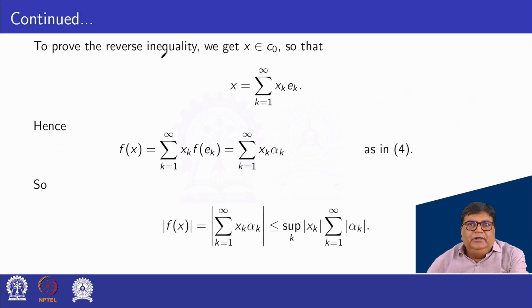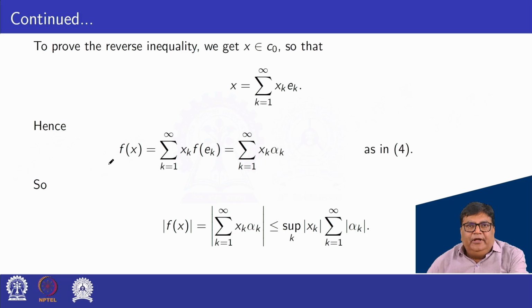We take x belonging to C0, so that x can be written as the summation k equal to 1 to infinity of xk ek. Hence, f of x equals the summation k equal to 1 to infinity of xk f of ek. F of ek is alpha k, as in equation 4.